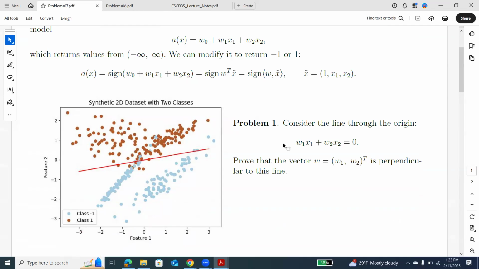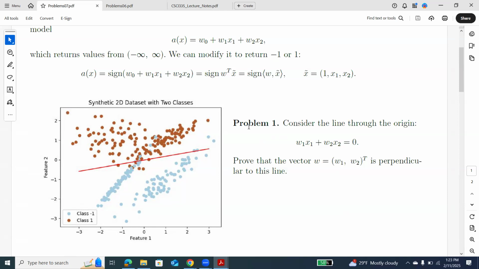And the first problem is just to remind you that the coefficients of the linear function, this W, actually represent the normal vector to this line.